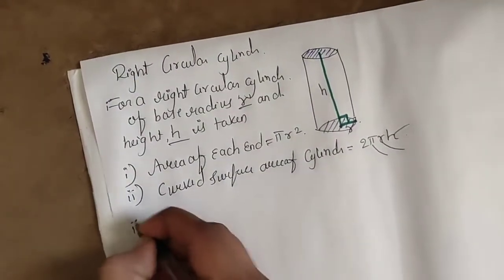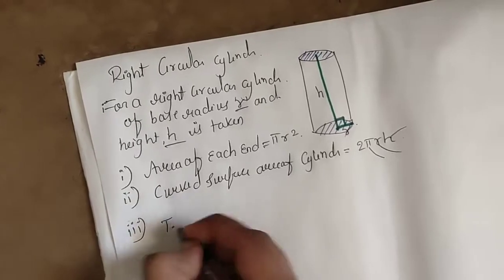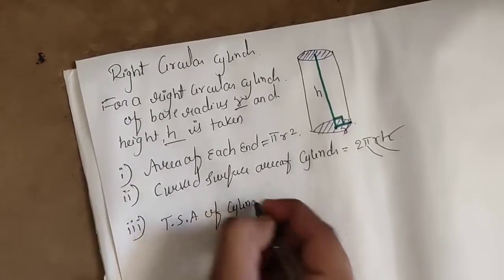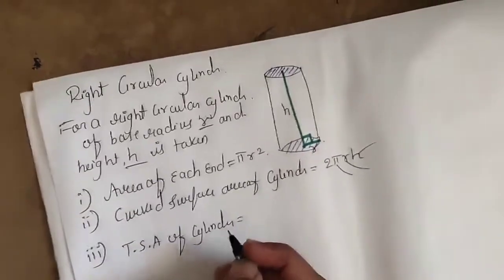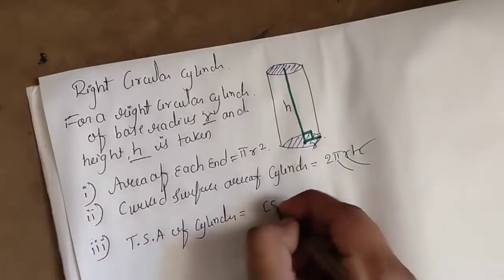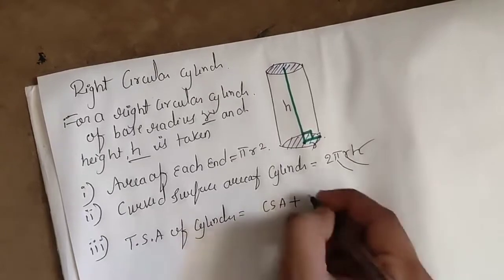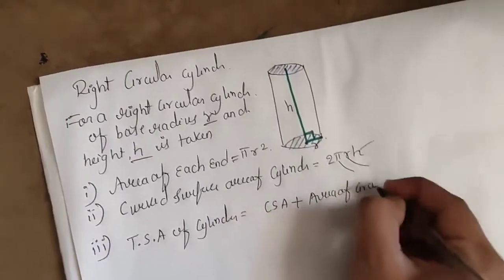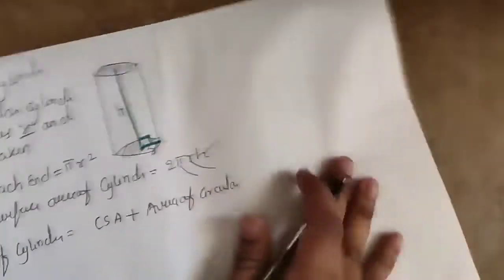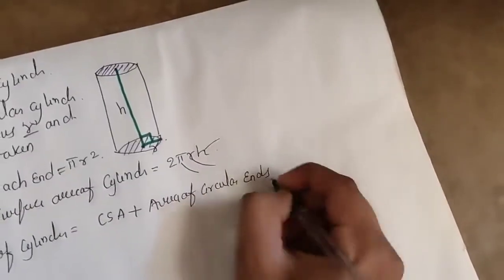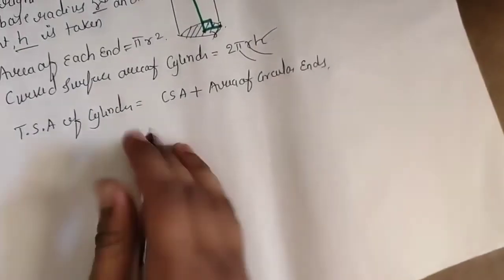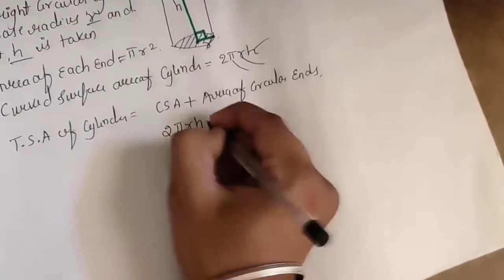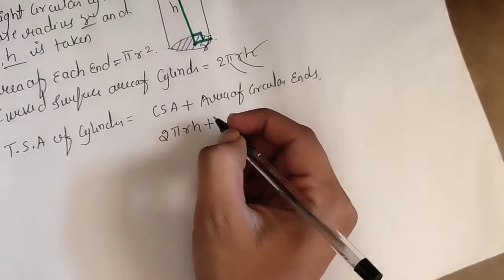Next comes total surface area of cylinder. Total surface area of cylinder is nothing but curved surface area of cylinder plus area of circular ends. What is curved surface area of cylinder? 2 pi r h plus area of circular ends.